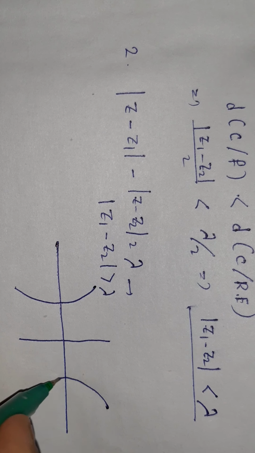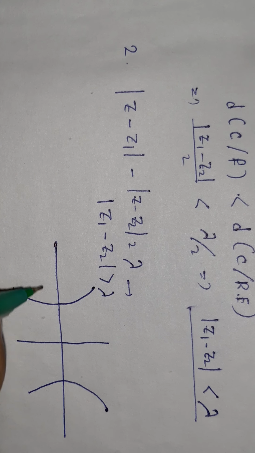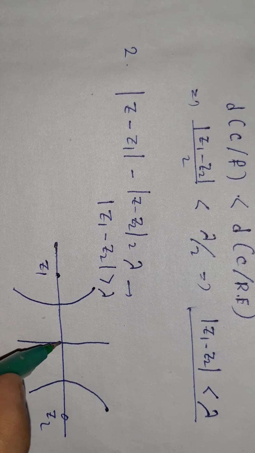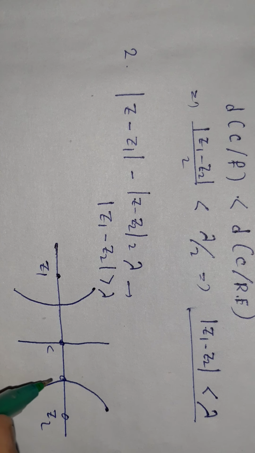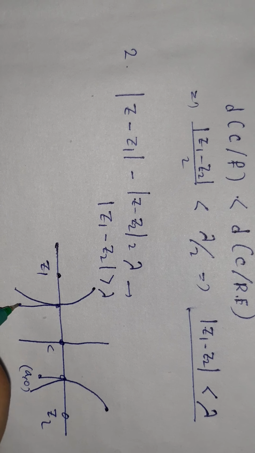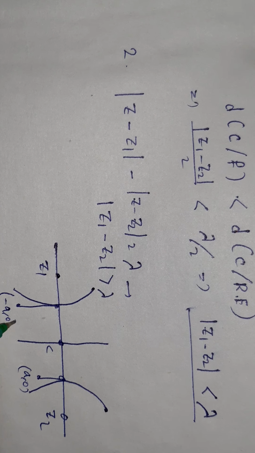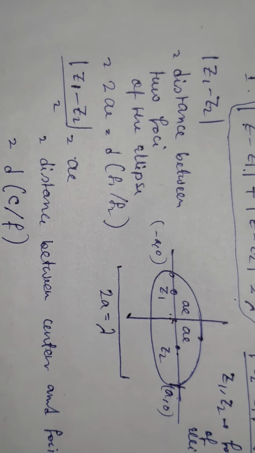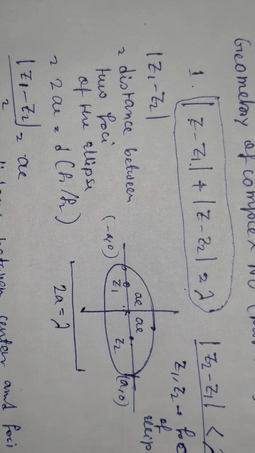Here is the hyperbola, here is z1 and here is z2, and this is the center, this is the point (a, 0) and this is the point (-a, 0). You can easily verify these two important forms of the ellipse and hyperbola.